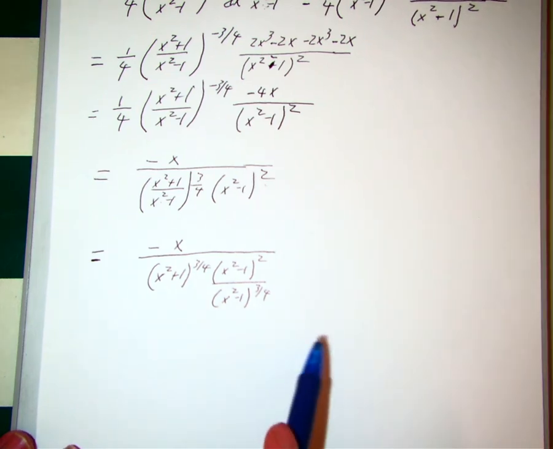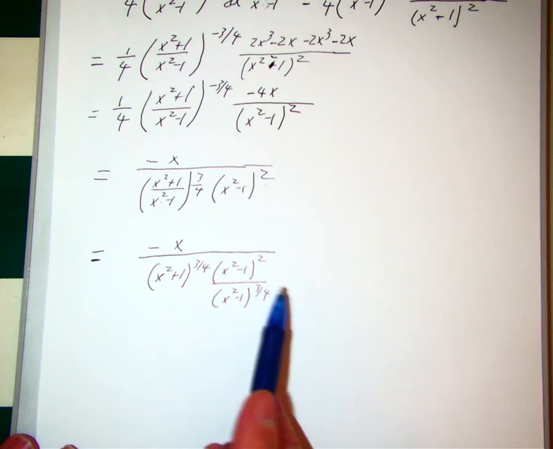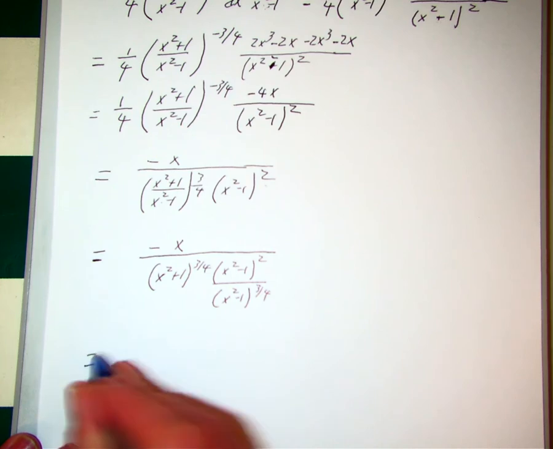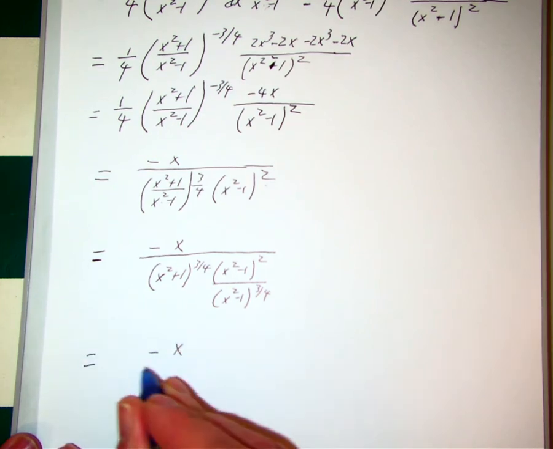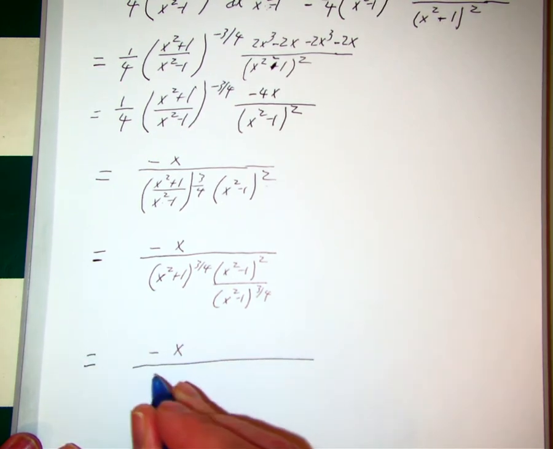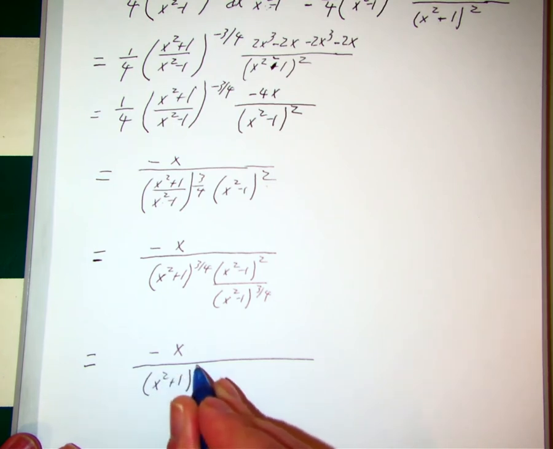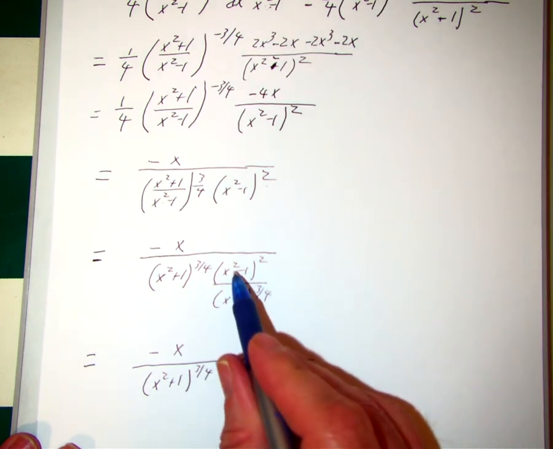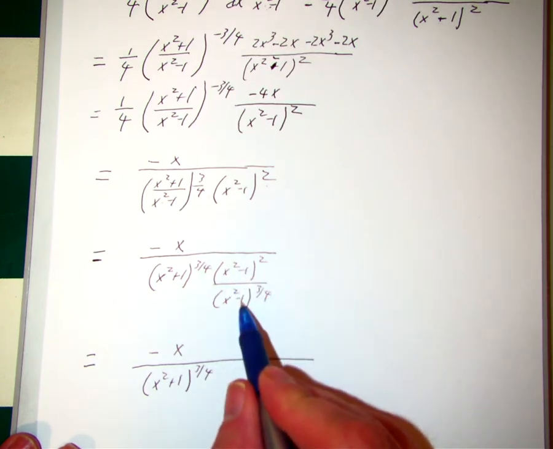Good for diabetes. Now, so if we continue here, you're going to get minus x over x squared plus 1 to the 3/4. That doesn't change. But y'all, what do we have going on here? We have the same base, x squared minus 1 over x squared minus 1.